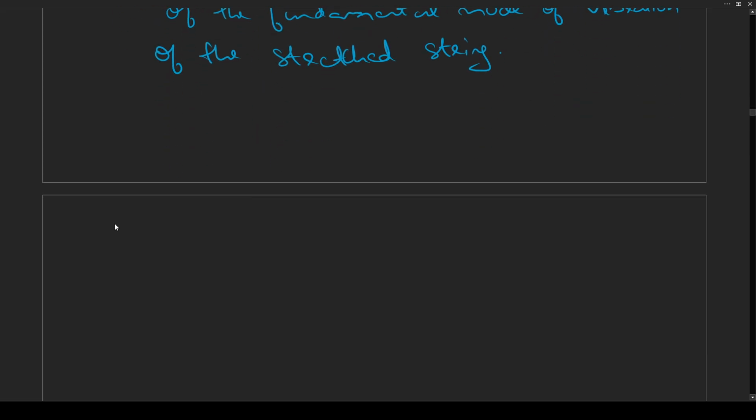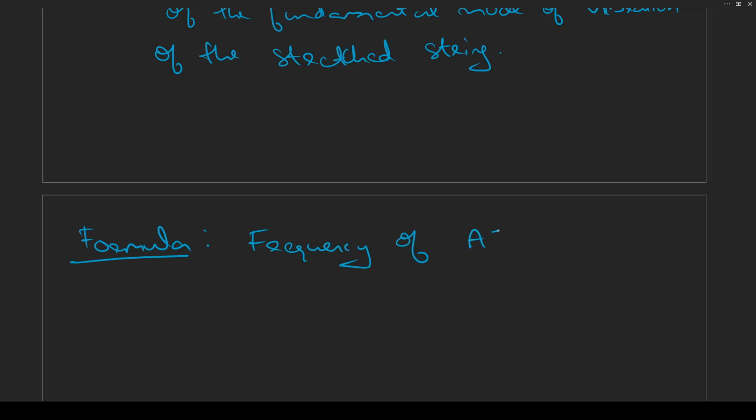There is a formula here. The principle is to be learned by heart and the formula is also to be learned by heart. Formula: frequency of AC, f, equals 1 by 4 into the root of (m, the mass per unit length, into the slope, which we saw against L square, and tension).